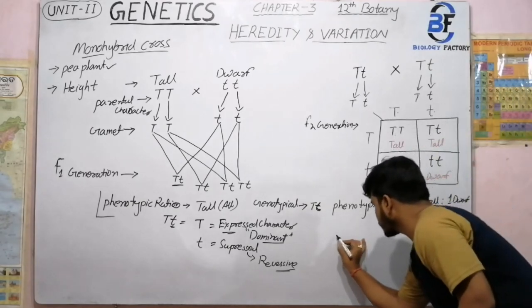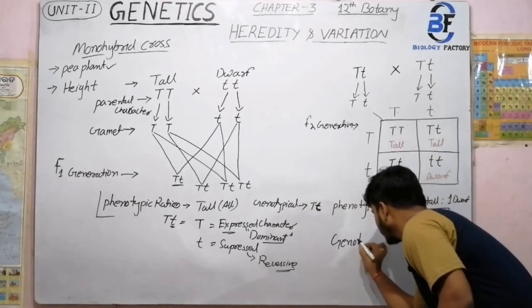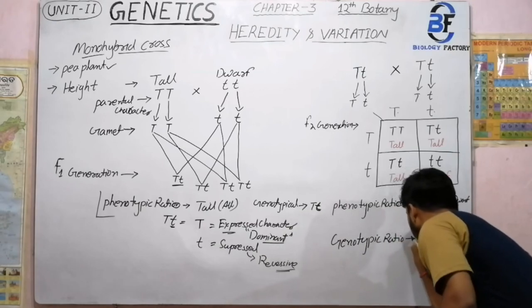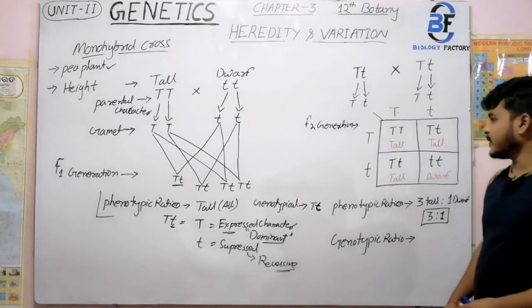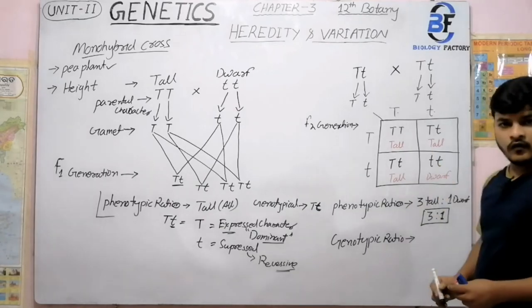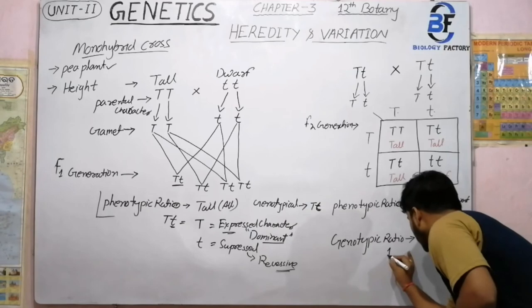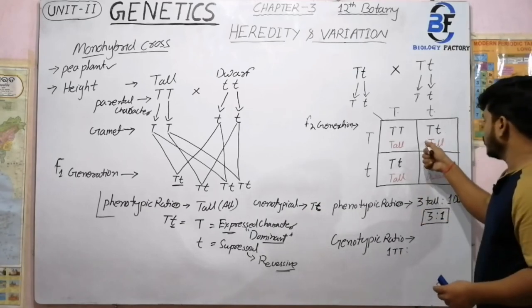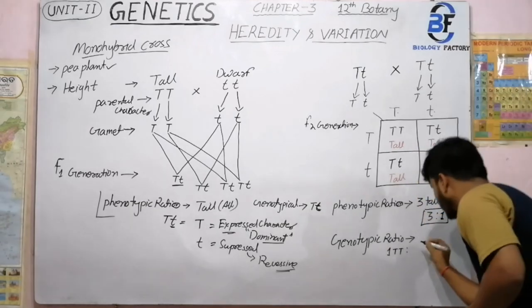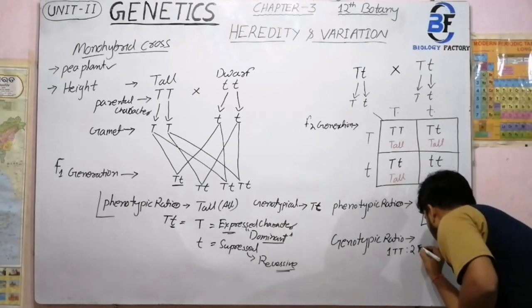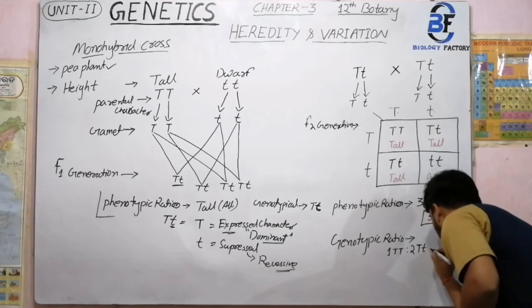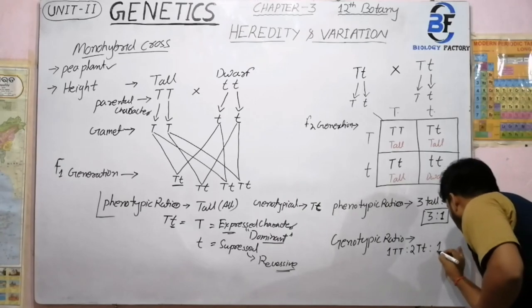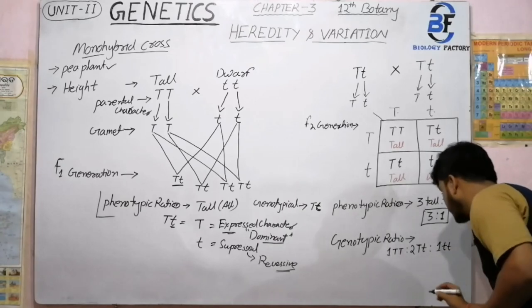Next, the genotypic ratio. If we talk about the genotypic ratio, we found 1 capital T capital T, to 2 capital T small t, and 1 small t small t.